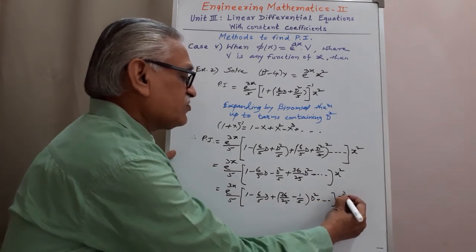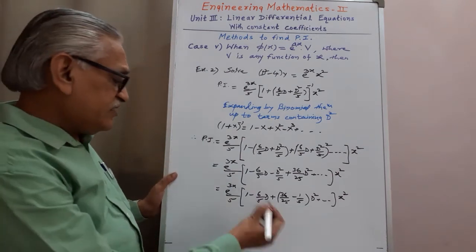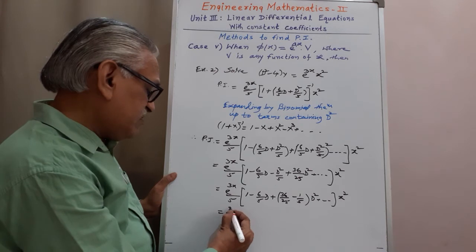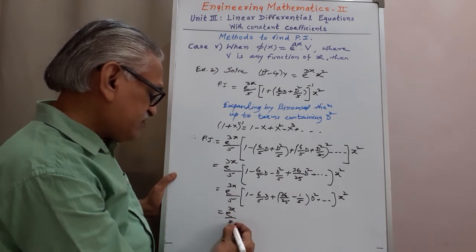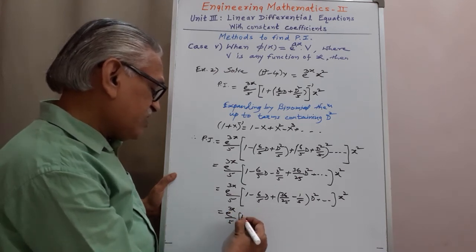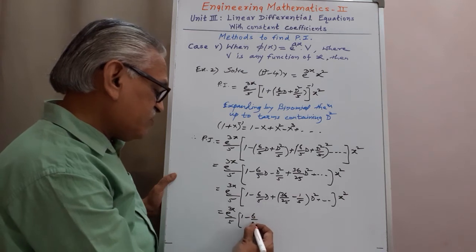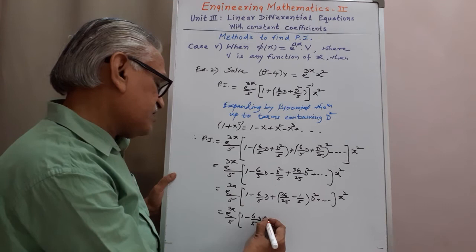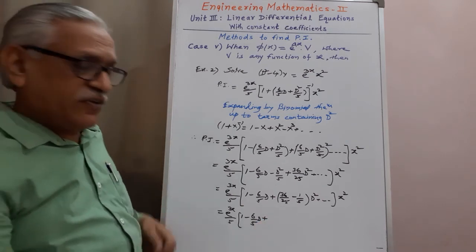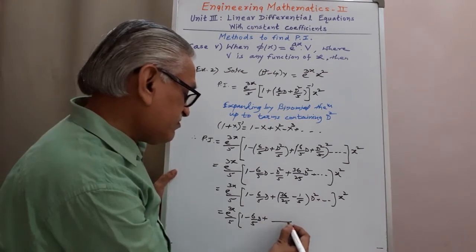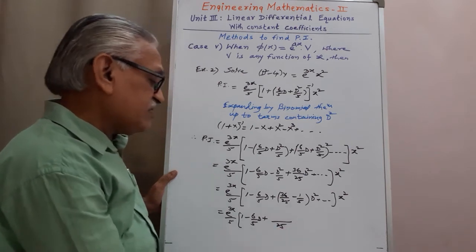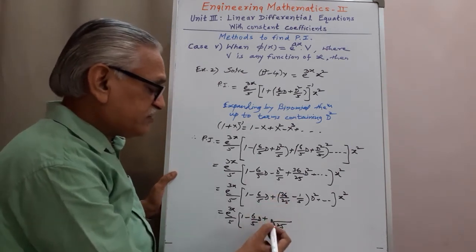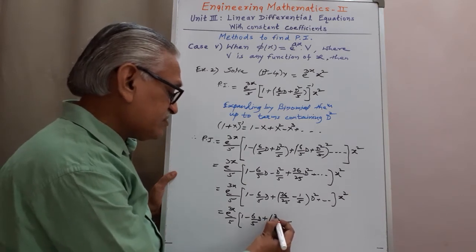We have to operate on x square, and then finding the LCM, we get e raised to 3x by 5 as it is, 1 minus 6 by 5 times D as it is, plus the LCM of 5 and 25, which is 25. 25 divided by 25 we get 1, 1 into 36 we get 36.